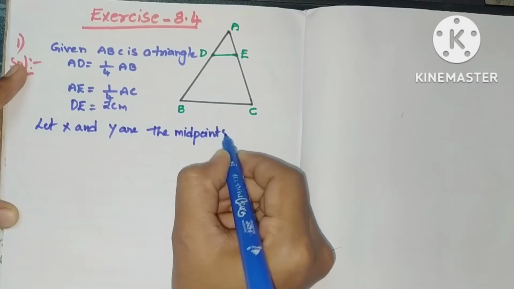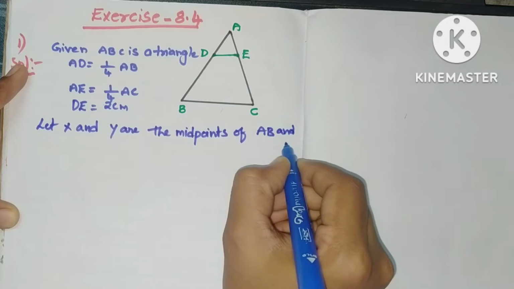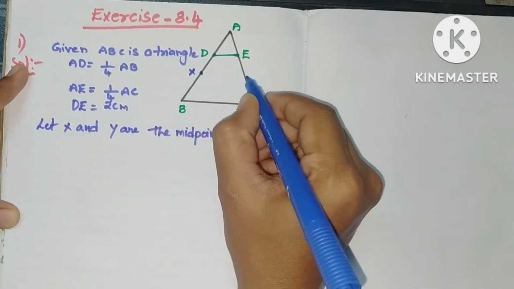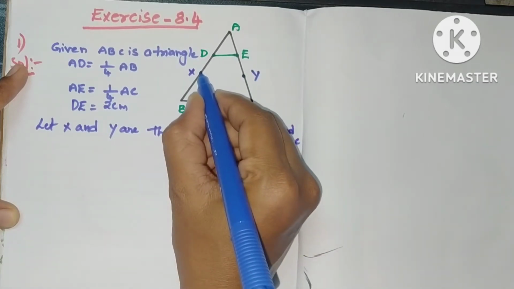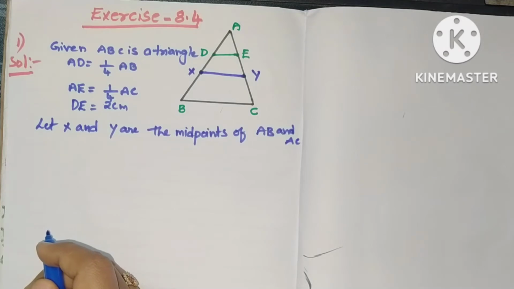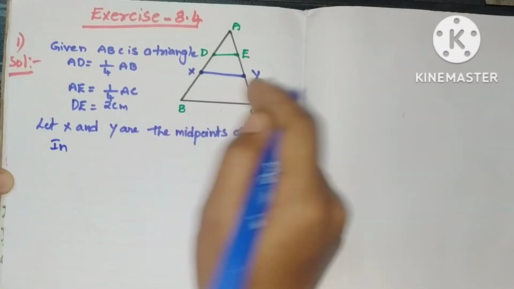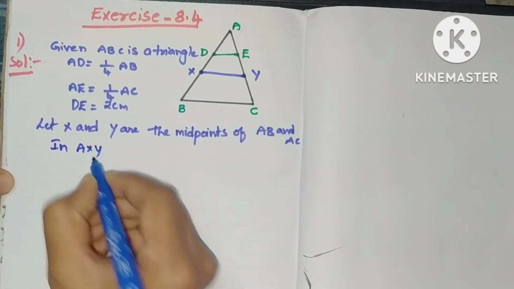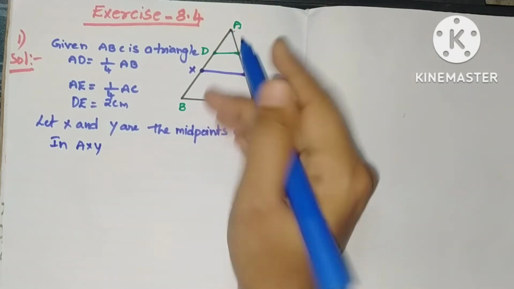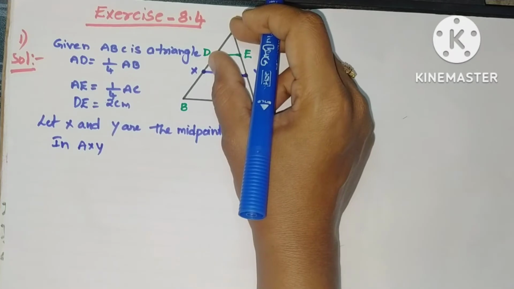We take X and Y as the midpoints of AB and AC. So let it be X and let it be Y, XY. So now in triangle AXY, AX is 1/2 of AB, right? And AD is 1/4.